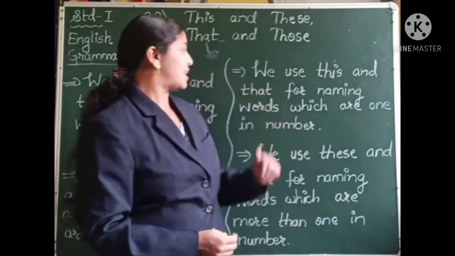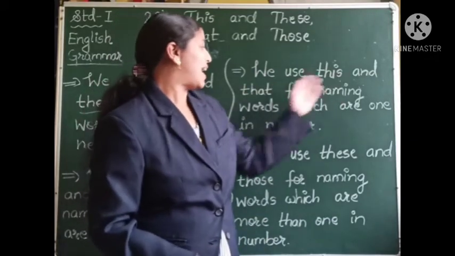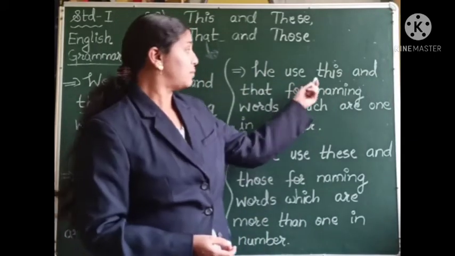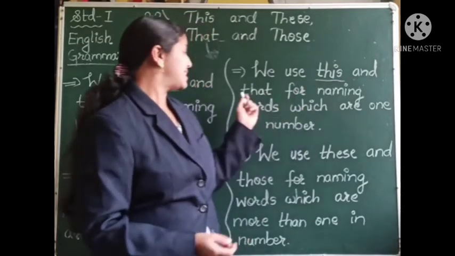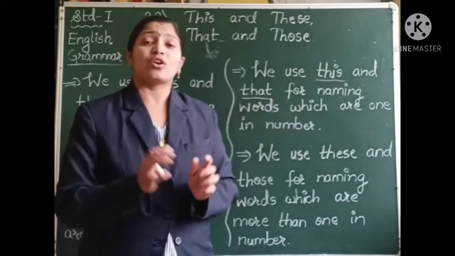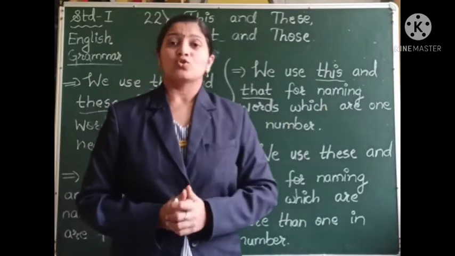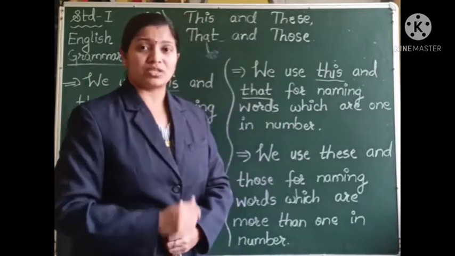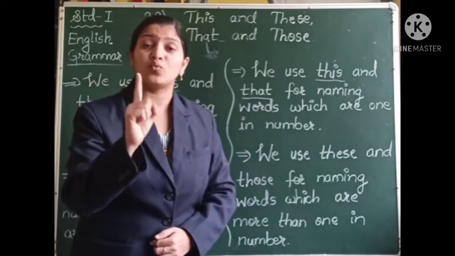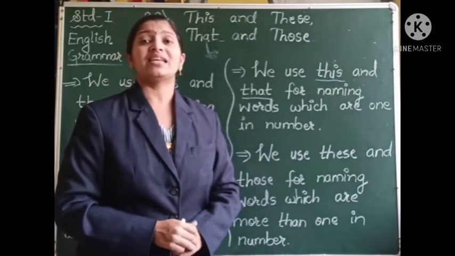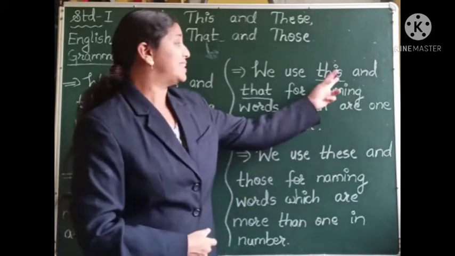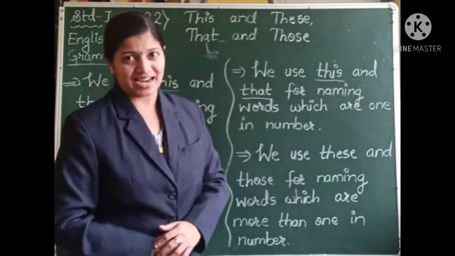The next rule says we use this and that for naming words which are one in number. Suppose I am talking about something and that thing is only one in number, then I make use of the words this and that.